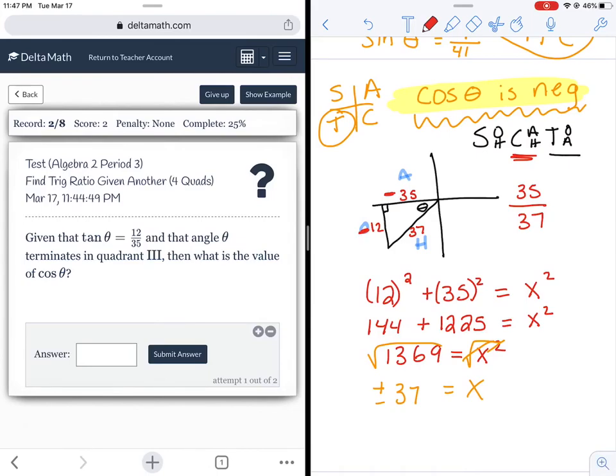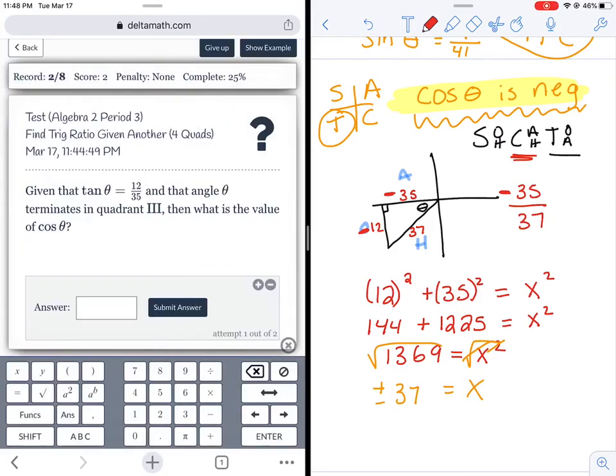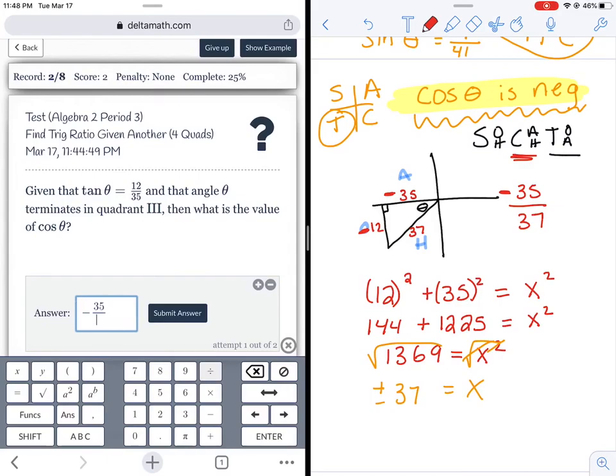The reason why tangent is still positive is because if I do negative 12 over negative 35, that's going to give me a positive value. A negative divided by a negative gives me a positive. So how that changes this is I see my adjacent is negative 35. So this top number is going to be negative 35, not just 35. So when I type this in, I'm going to do negative 35 and divide that by 37.